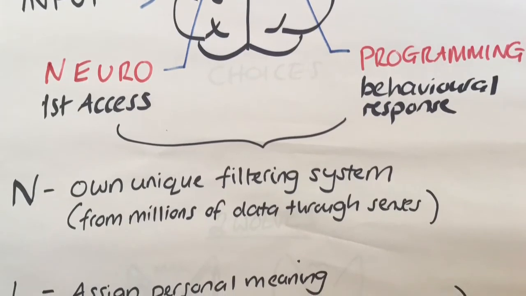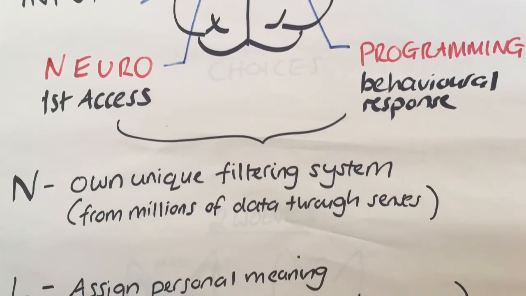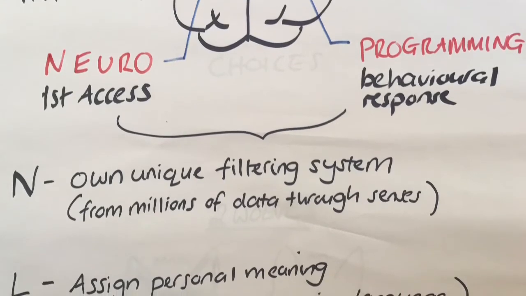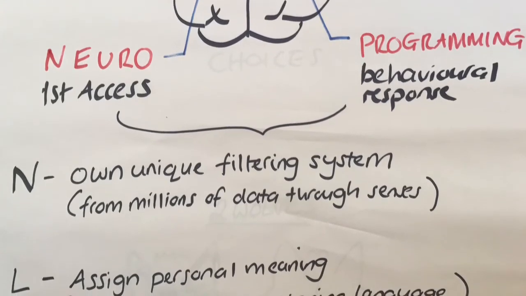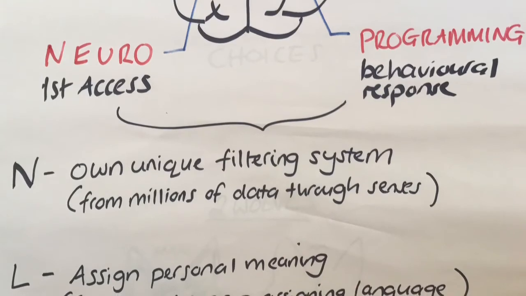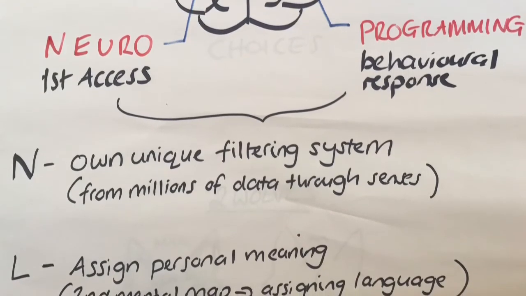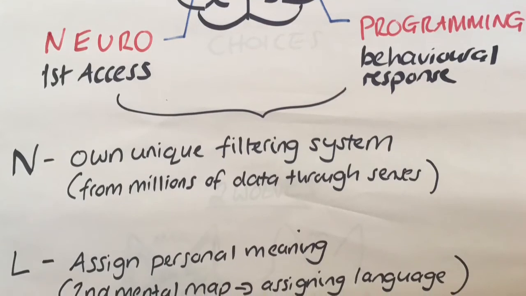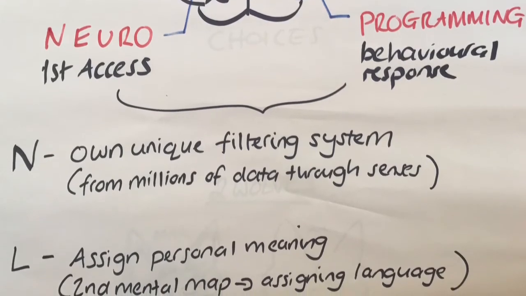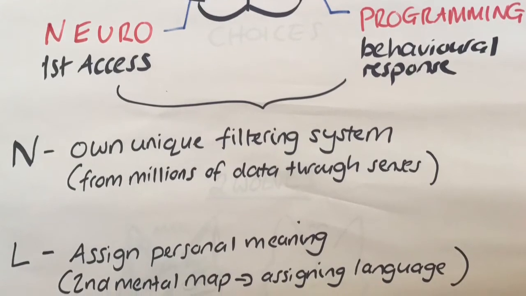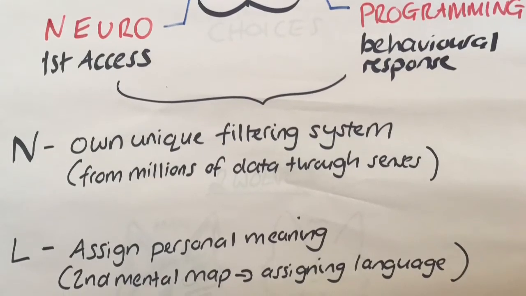So with the linguistics, it's our assigning meaning. When we say language, we're looking at our body language, our tone, our words, how we act, and so on. And then with the programming, if you think about, well, what's programming then? As it says there, it's our behavioural response.